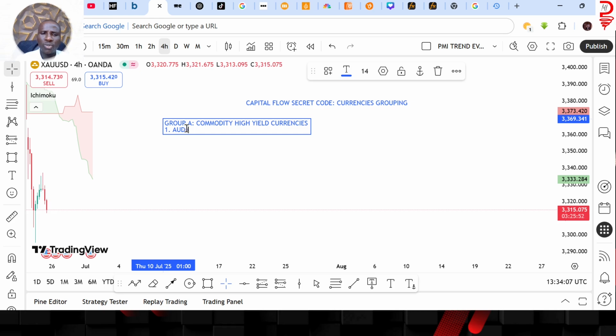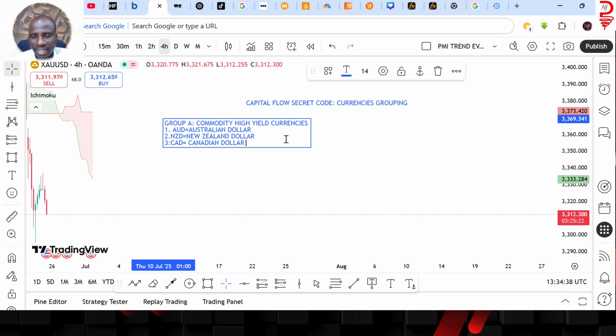We have the AUD, that is the Australian dollar. Number two, we have the NZD, this is the New Zealand dollar. Then number three, we have the CAD, that is the Canadian dollar. Now, this is the first grouping, and this is very important.